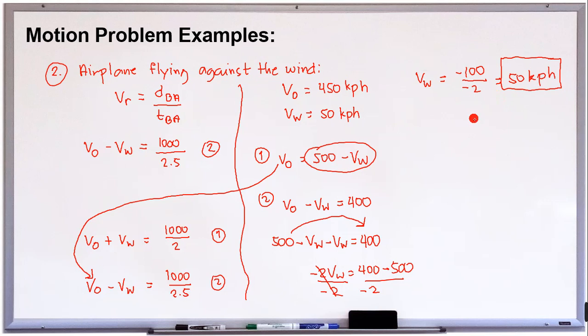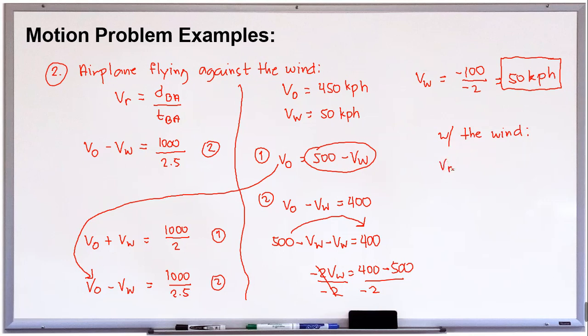Now let's see the magnitude of the effect of the wind if we fly with the wind, or if we fly against it. So with the wind, let's evaluate the resulting velocity.